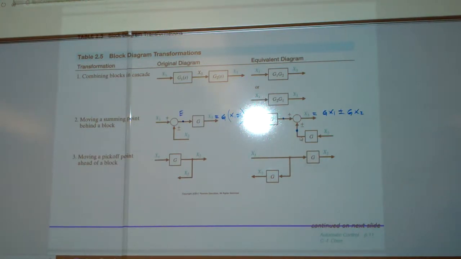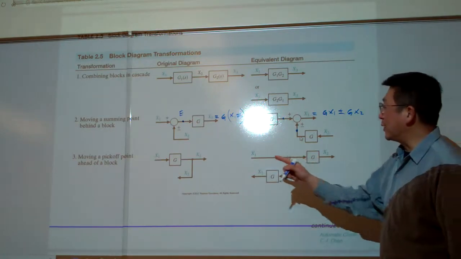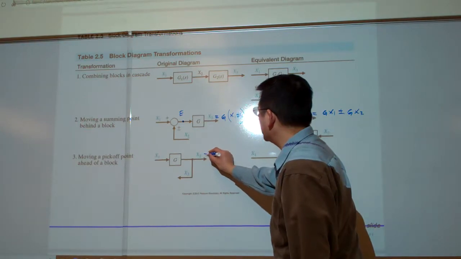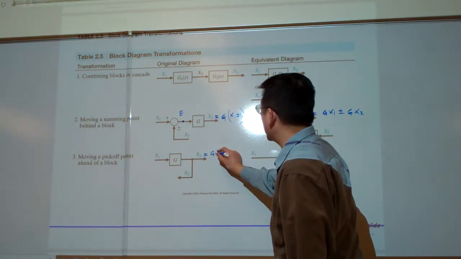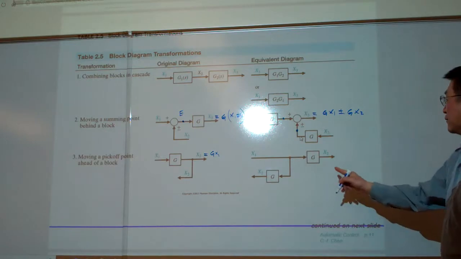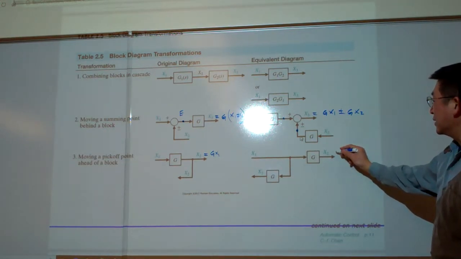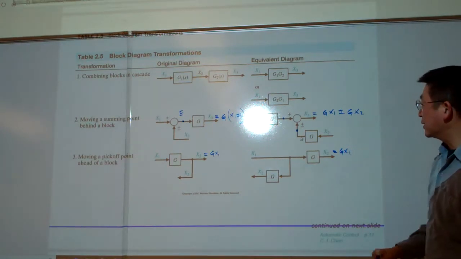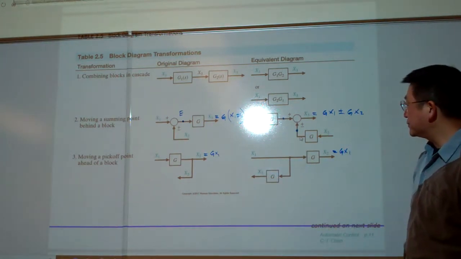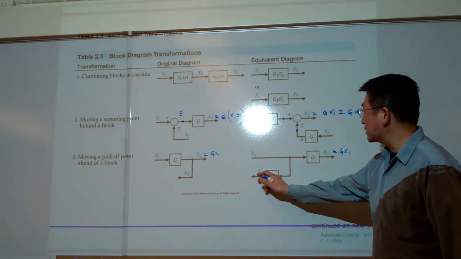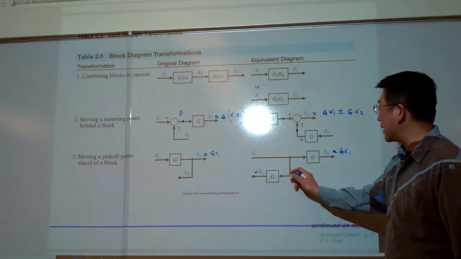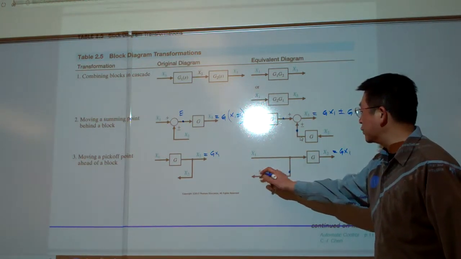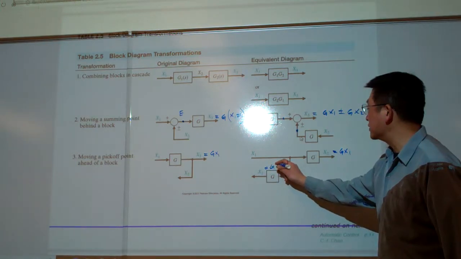And for this one, for example, x2 is equal to g times x1. And for this case, it is the same thing. At this point, x2 equals g times x1. Looking at this point, g times the signal at this point, which is x1, so x2 is also g times x1.